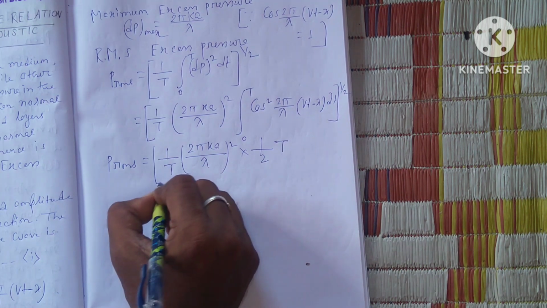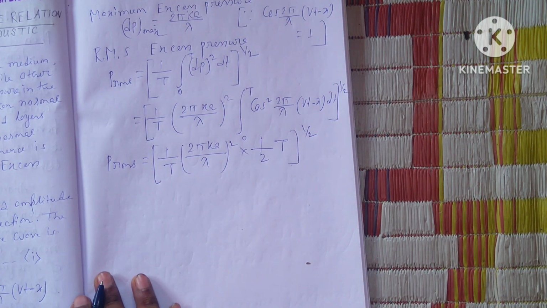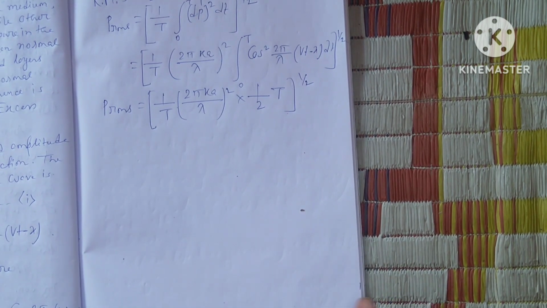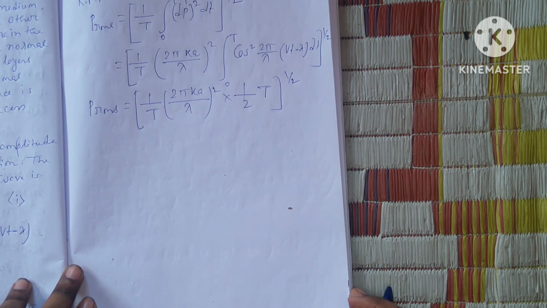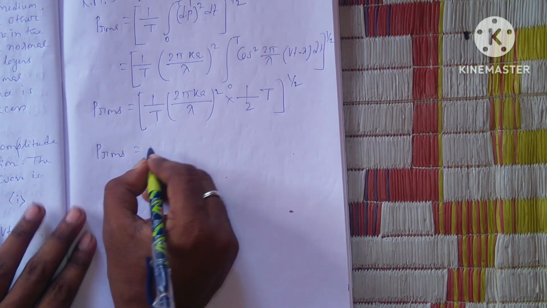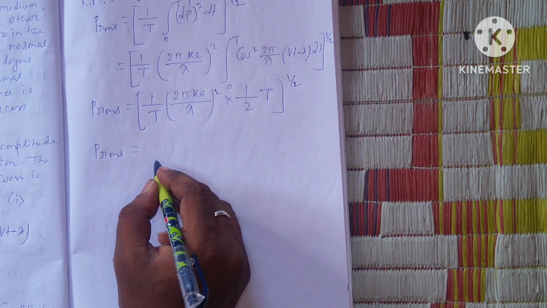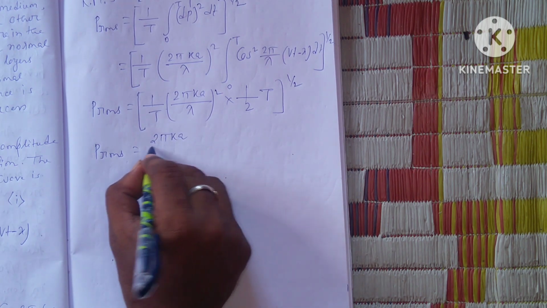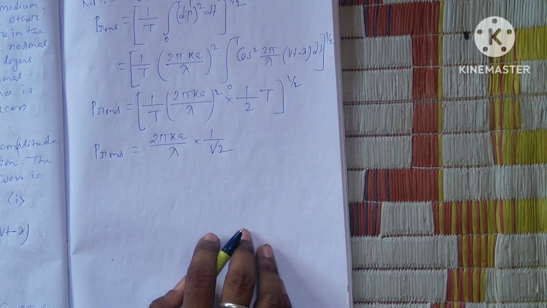T cancels, and we can write P RMS equals 2 pi kA by lambda times 1 by root 2.